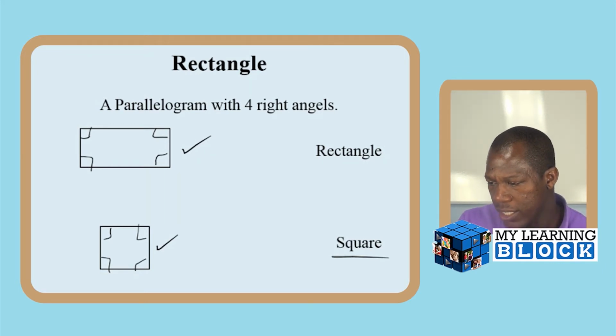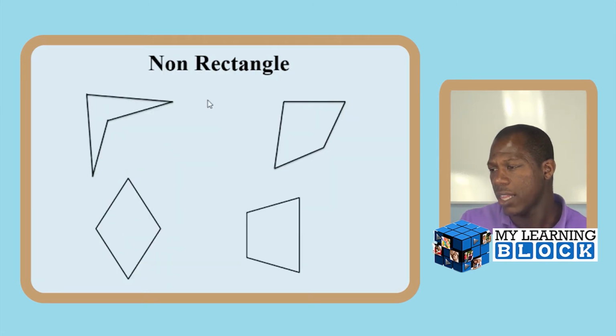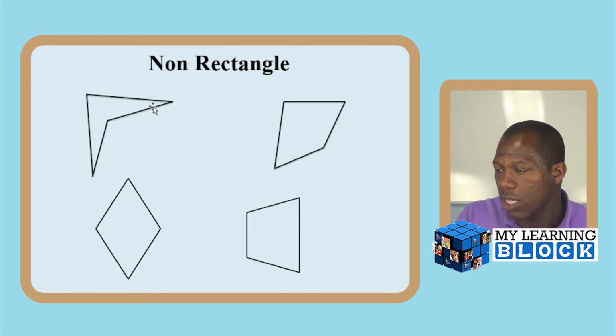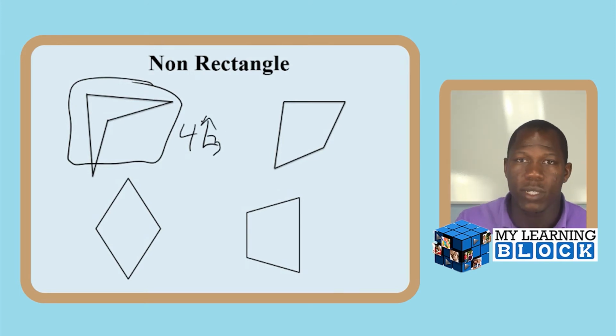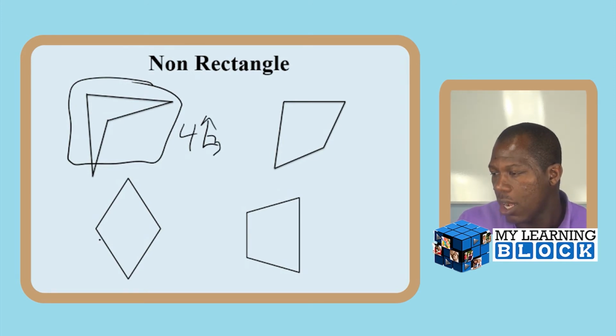So what are non-rectangles? These four objects that you see here are non-rectangles for obvious reasons. This quadrilateral here is not a rectangle simply because it does not have four right angles. And notice I put the square here because it's also a square angle.